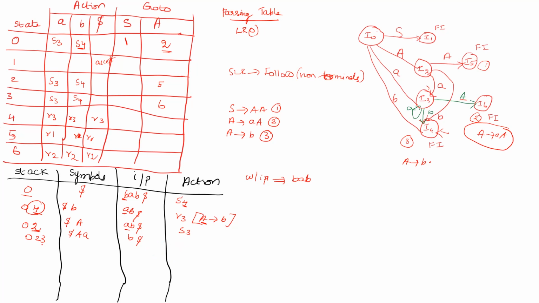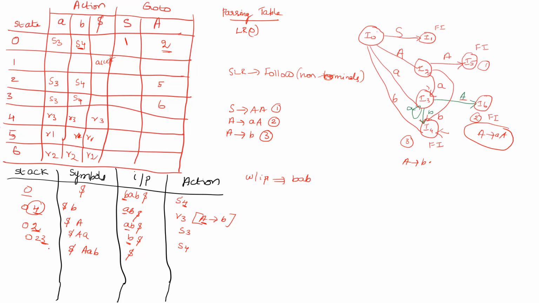Now when you apply 3 on B, what is 3 on B? That is S4, shift 4. Since this is a shift, you have to shift this as well. So the stack has dollar, capital A, small b, and your input buffer contains only dollar.